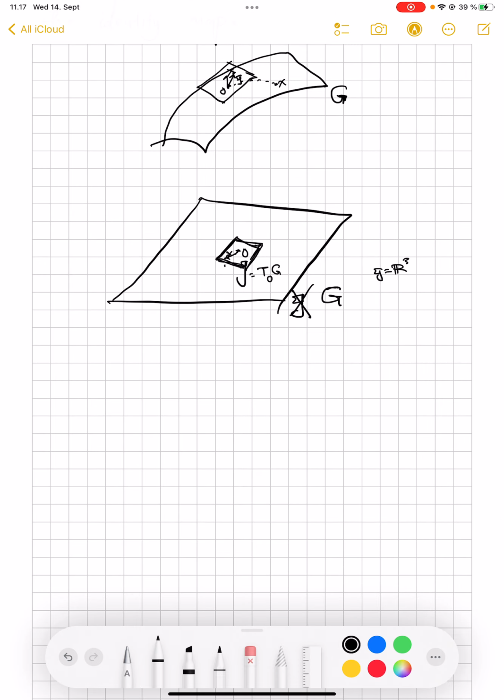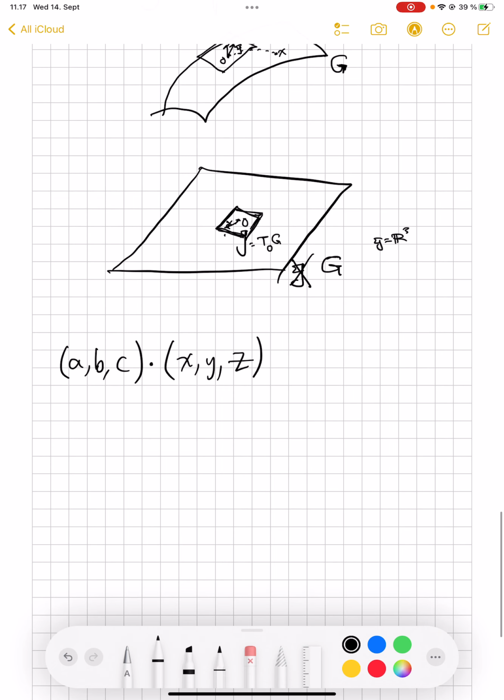Let's try it. So suppose you want to multiply (a, b, c) with (x, y, z). So Hausdorff-Campbell will say that this is exponential of something times exponential of something, and if you write it out, then you will recover it. But exponential is the identity map, so this is the same as (a, b, c) again. But you can think of it as a point in R3, which is your group.